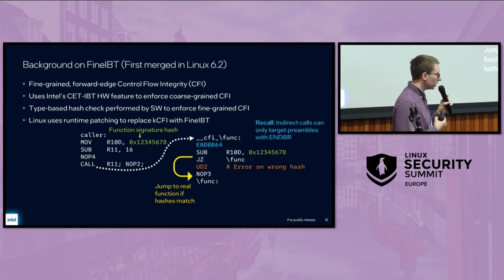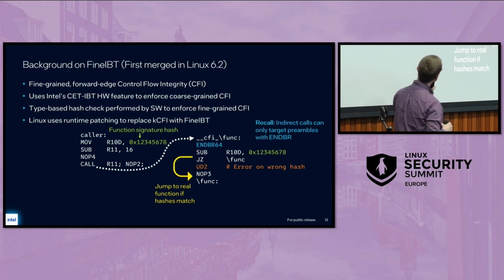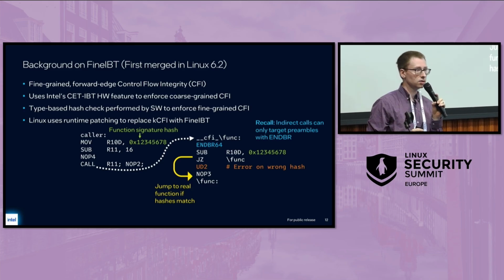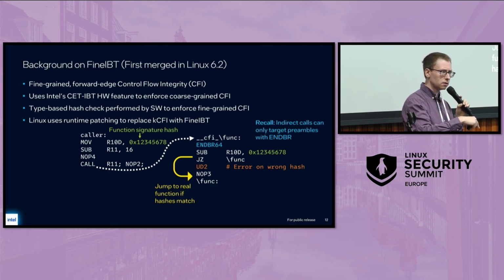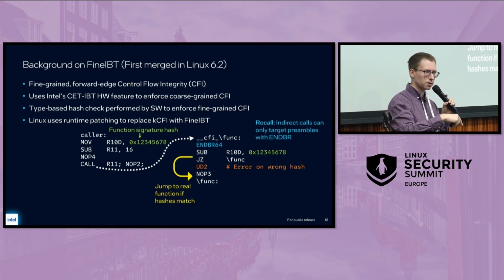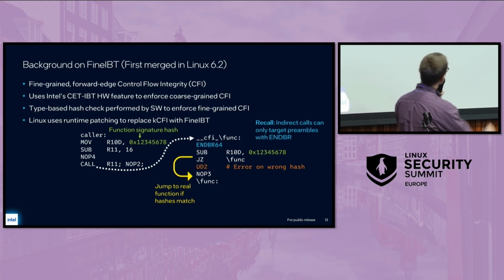It's a 32-bit hash, and will inject an instruction to move that 32-bit hash into R10D, so the lower 32 bits of the R10 register. And this is a behavior that's actually inherited from another related feature called KCFI, kernel CFI, that is a pure software solution, does not rely on CET-IBT at all, but FineIBT is an alternative that binds a software technique to a hardware one. And then the call occurs.